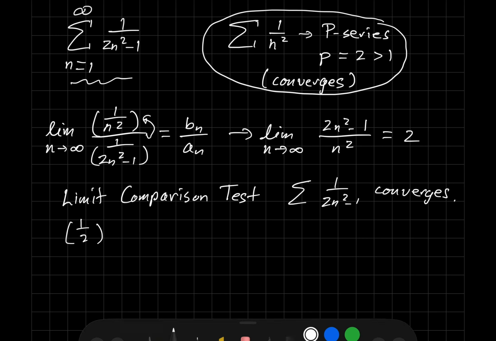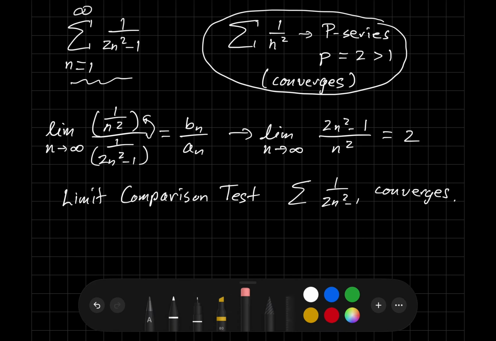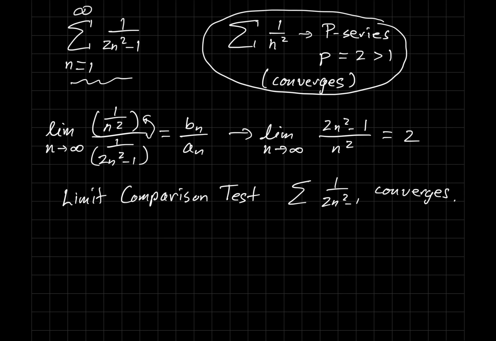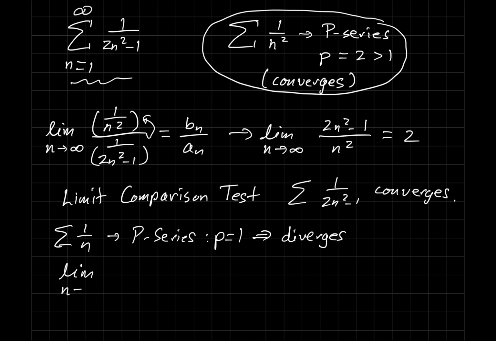Well, is there something that could have changed my result? And the answer is yes. What if I had compared my unknown series to the p-series 1 over n, which diverges? And then we did the limit as n goes to infinity of 1 over n divided by 1 over 2n squared minus 1.